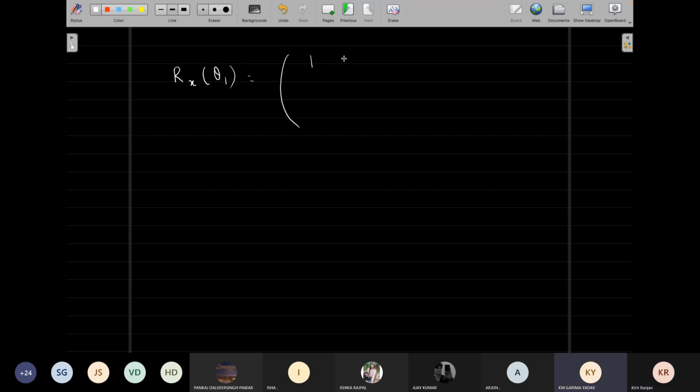So 1, 0, 0, then cos θ1, sin θ1, and minus sin θ1. Since you said that, I understood that you have understood it. Now that the rotation is about the x-axis, all I have to do is the transformation in the y and z, and R_x(θ1) will have this structure.